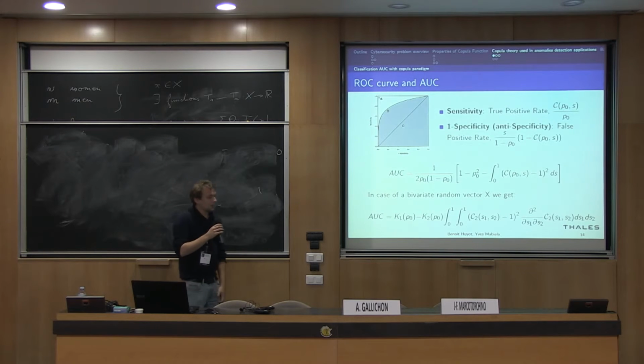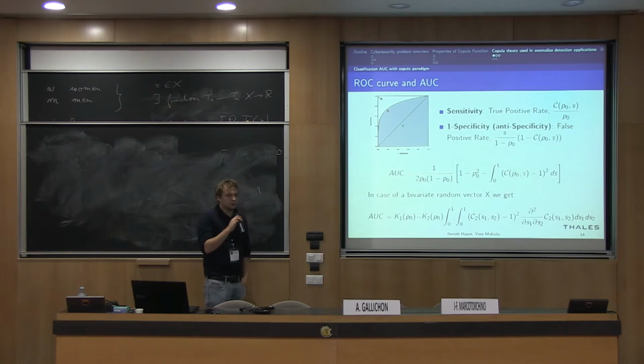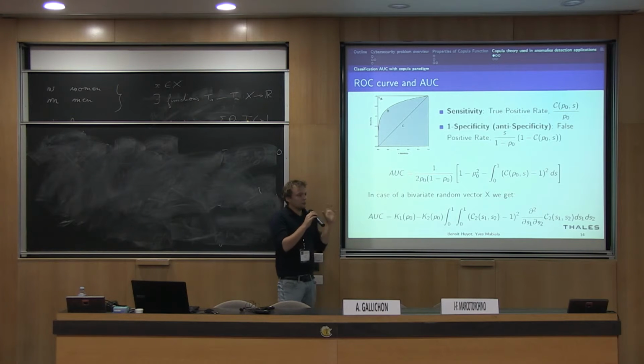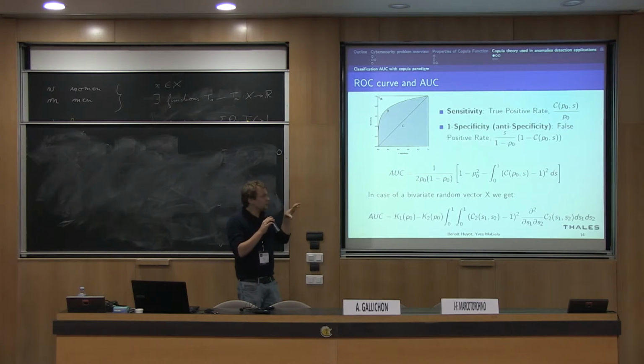So here we introduce the link with optimal transport theory using a very used criterion in statistics, in classification problems. This criterion is called the area under the ROC curve, the AUC criterion. This criterion makes the best compromise between the detection rate and the false positive rate.